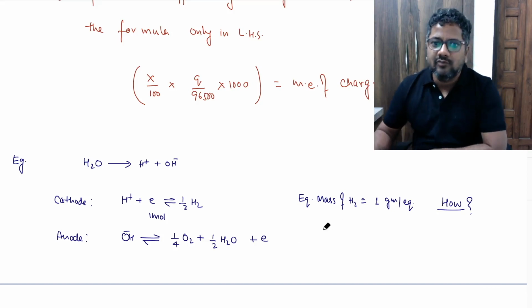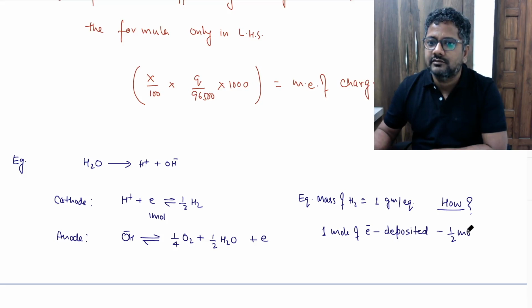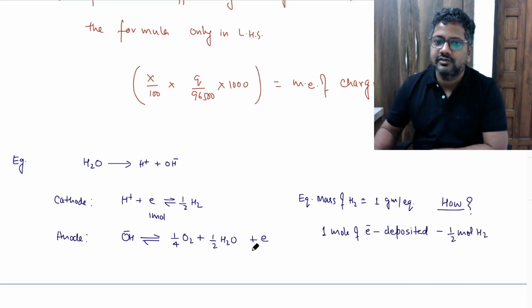So 1 mole of electron deposited half mole hydrogen. And see here in the anode reaction, 1 mole of electron deposited 1/4 mole of O2, right?